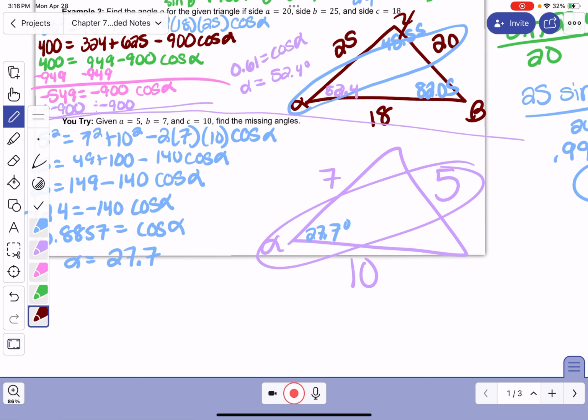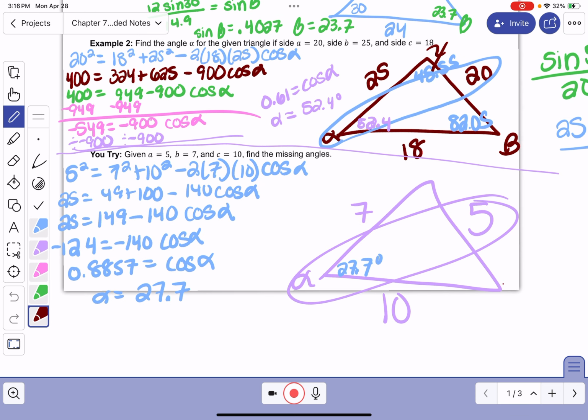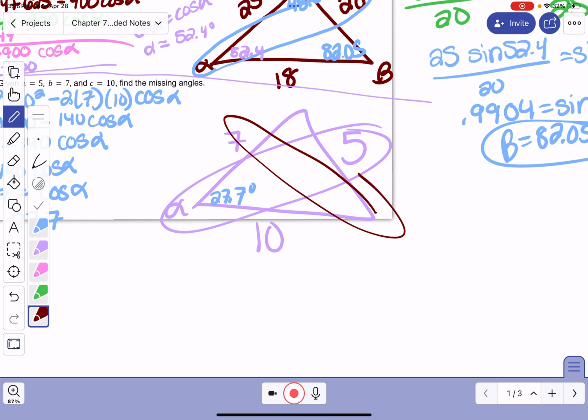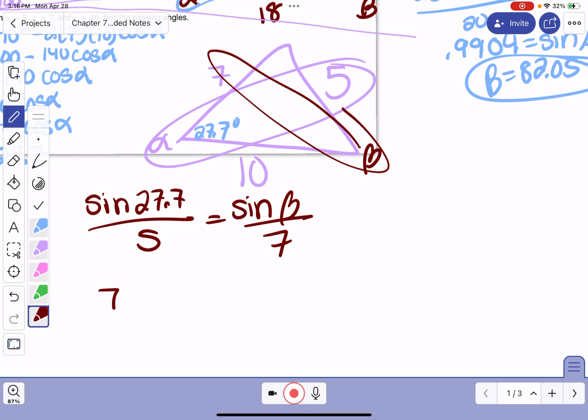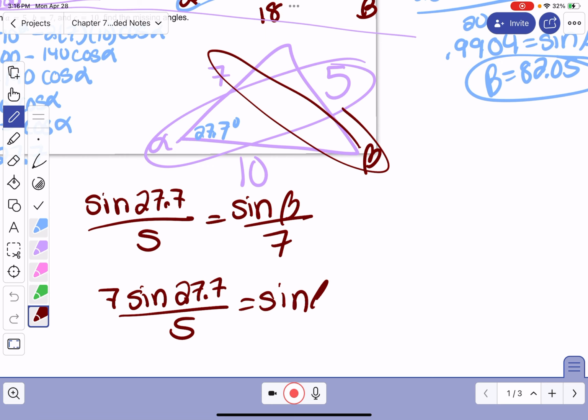Now let's find beta. So we're going to say sine of 27.7 over 5 equals sine of beta over 7. So 7 times sine 27.7 over 5 equals sine beta. 0.6508 equals sine beta.